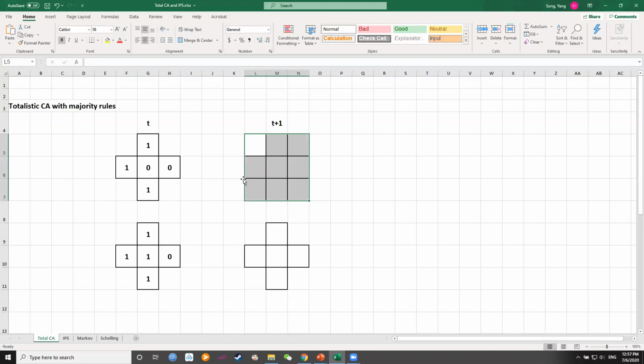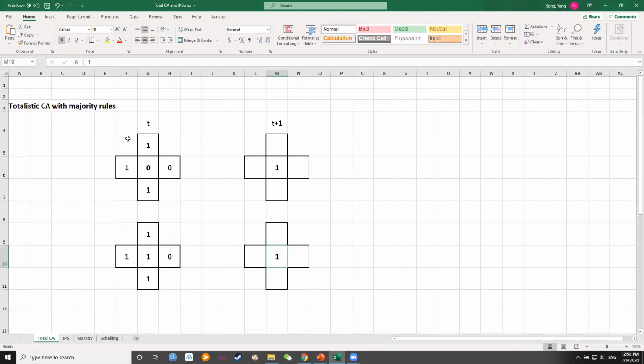You just need to find the majority. So 1, 1, 1, 0, 0. The majority is 1. So at t+1, it's deterministic that the state of the central cell will be 1. That's for sure. There is no randomness in this. And how about this situation? We have 1, 2, 3, 4, 5, 1s and only 1, 0. So the majority is 1. So at t+1, it will still be 1.